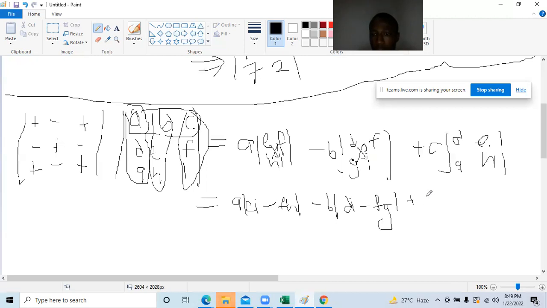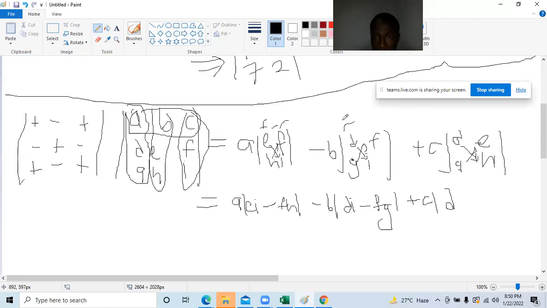Plus C into DH minus this. So here we have falling diagonal minus rising diagonal.